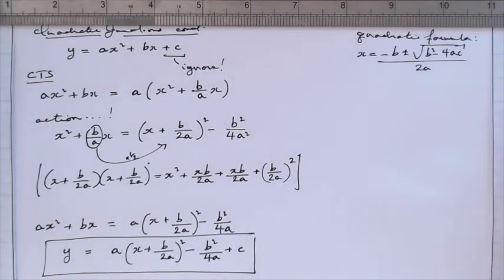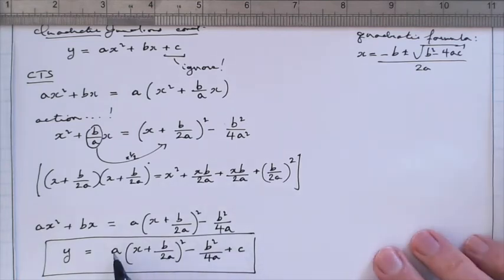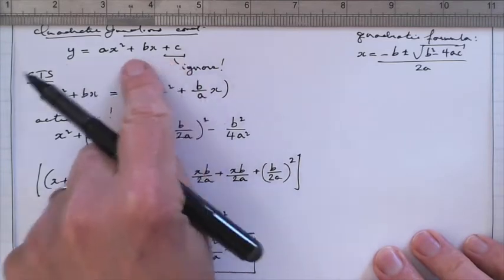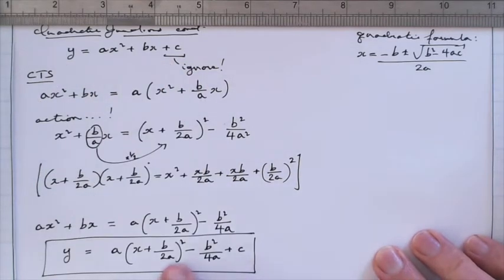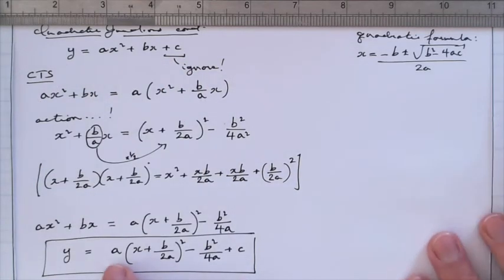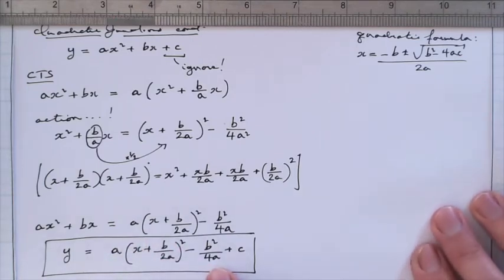Now I will admit to you at first glance this does not look as nice as that, but actually this is transparent and that is opaque. Why is this transparent? Because look, it's just a times something squared plus a constant.